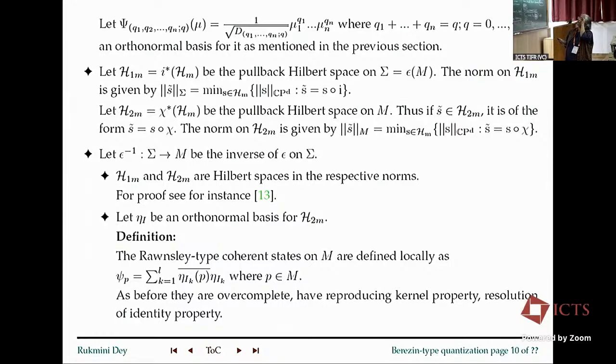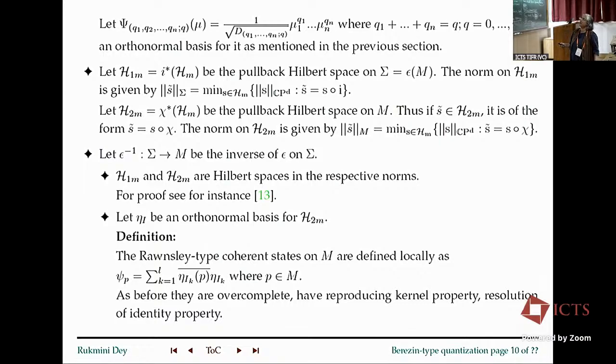So how do we do this? I pull the Hilbert space back onto this subspace. Before I pull back on M, I first pull it back on epsilon M, or did I write it chi? Sometimes I'm writing chi, sometimes epsilon. It's very confusing. In this slide, I've written it as chi.